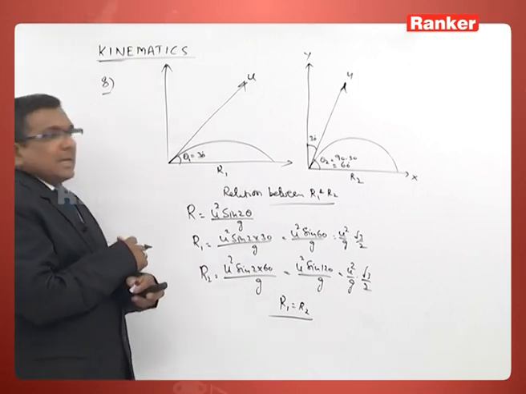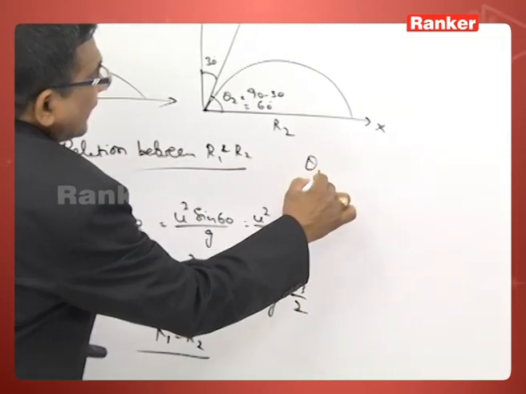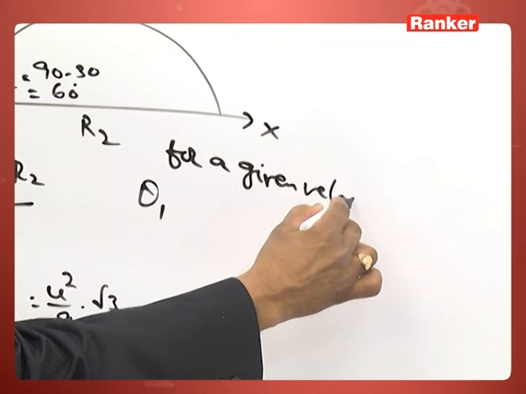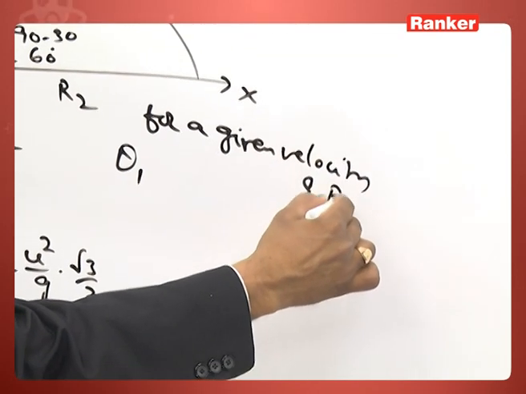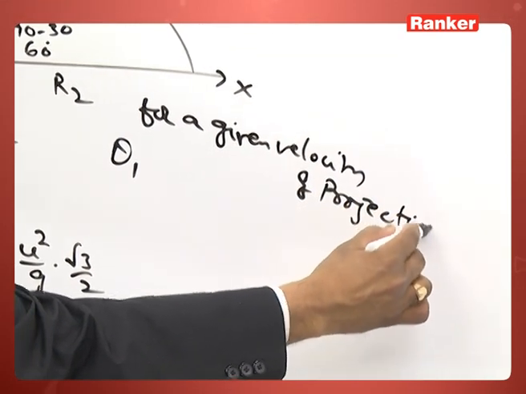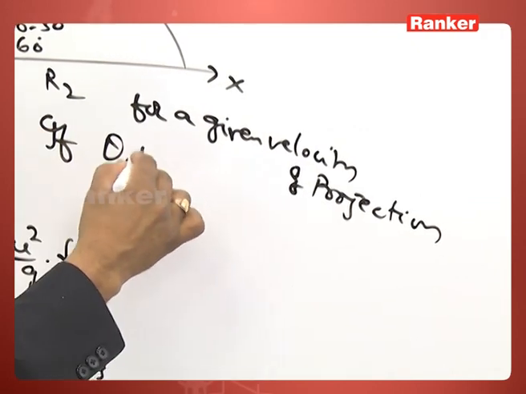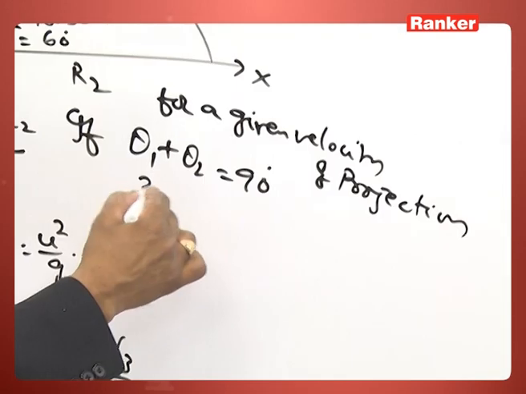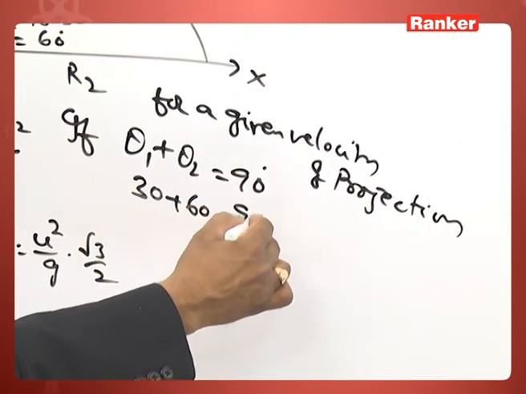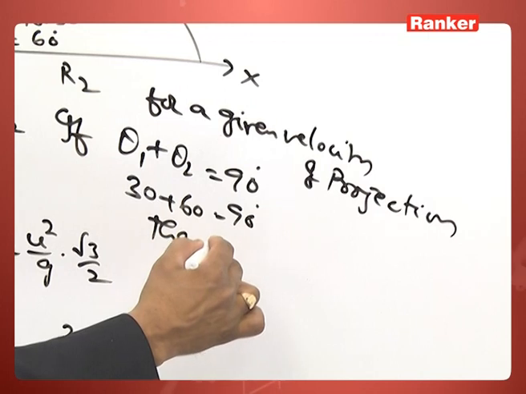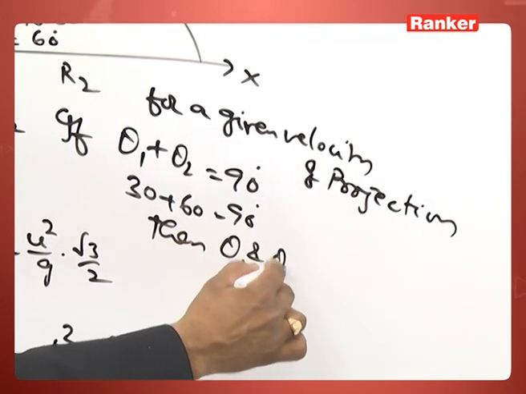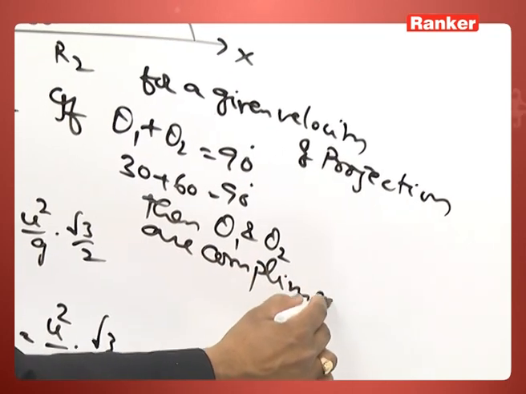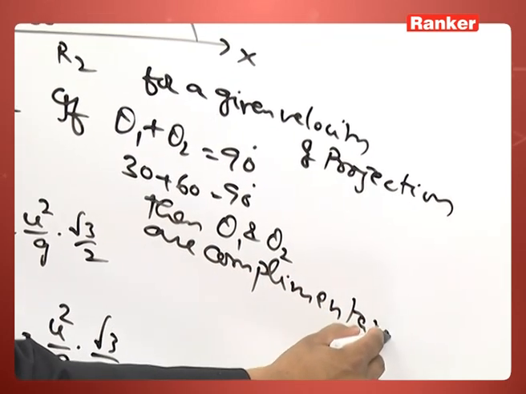This you can remember like this. If the sum of the angles, for a given velocity of projection, theta 1 plus theta 2 is equal to 90 degrees, that means 30 plus 60 is equal to 90 degrees, then we call theta 1 and theta 2 complementary angles.